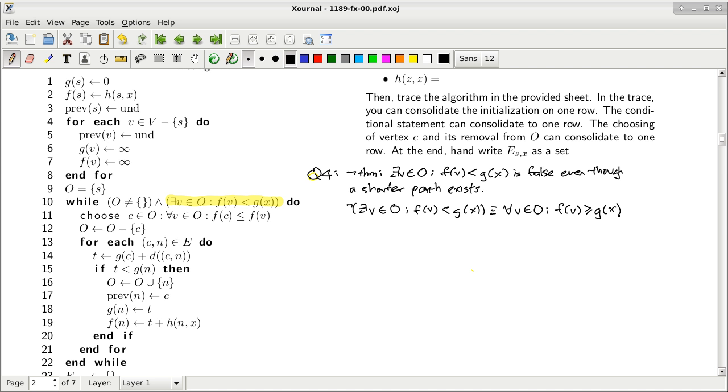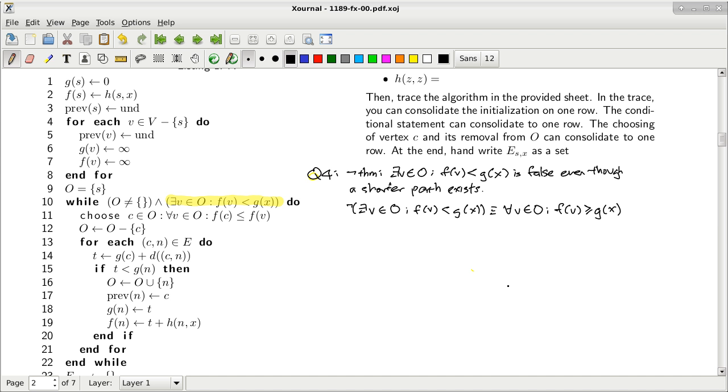So this part is kind of given because that's just the negation of the existential quantifier translating into a universal quantifier but negating the predicate itself. But what does that mean?